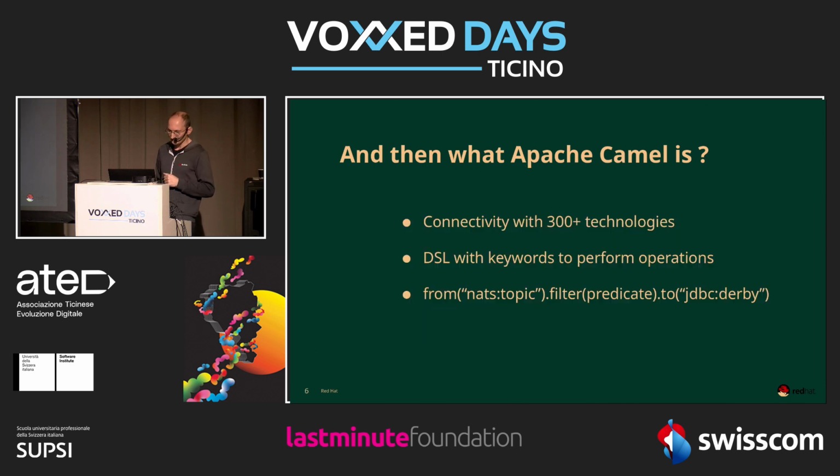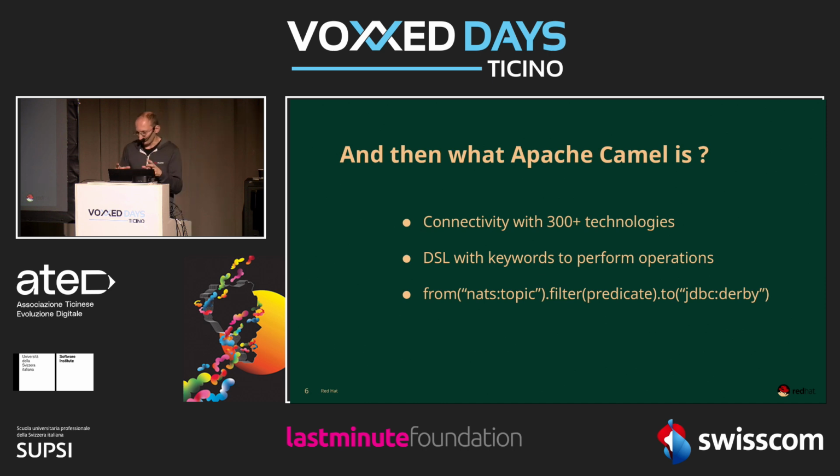We will best see that with an example. The typical situation you will face when you write a route: you want to extract a message from a source system and push another message to the target system. So you need connectivity with technologies, and we have 300 of them accessible with Camel through what we call components.